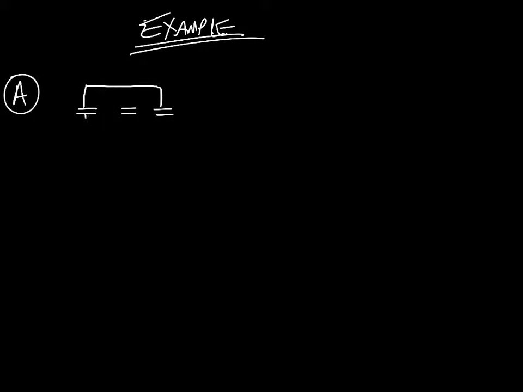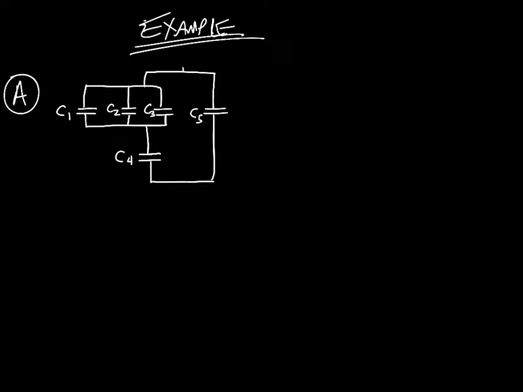So we could have these 3 capacitors, C1, C2, and C3, and they could be parallel to C5 and in series with C4. And all of this parallel to some voltage.